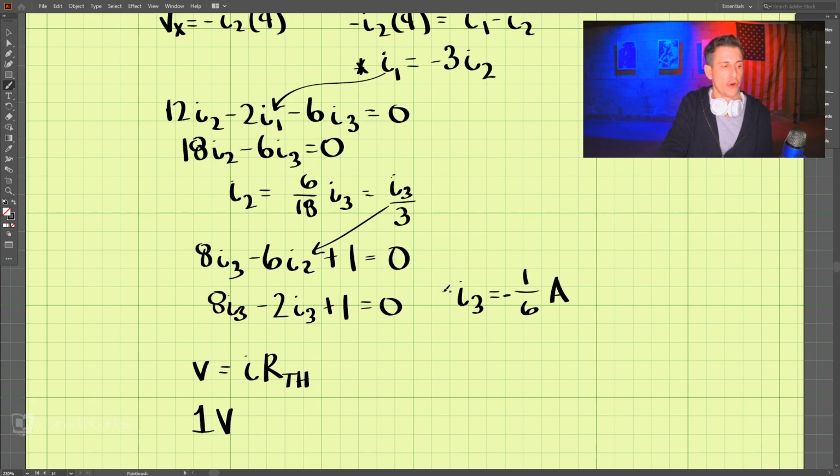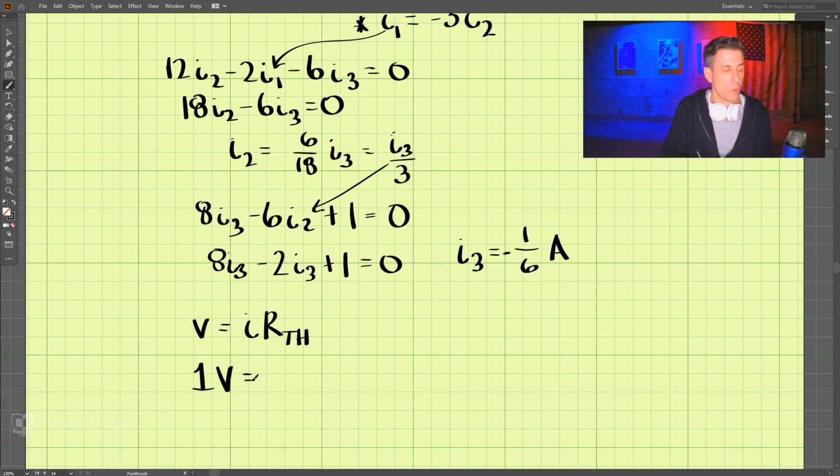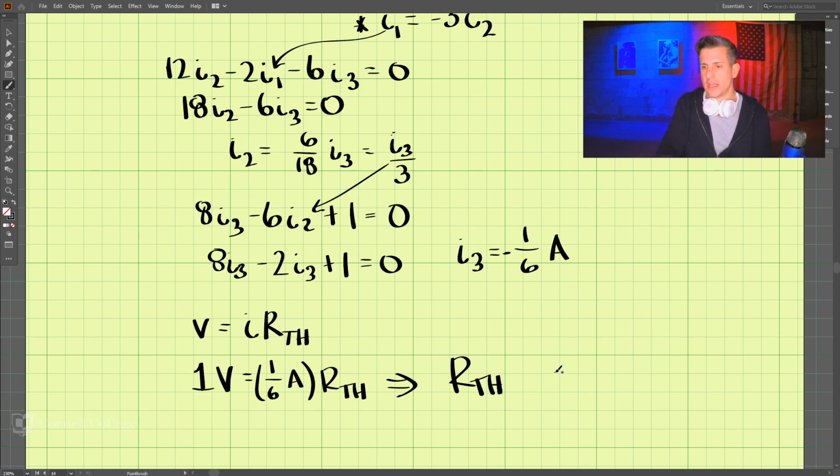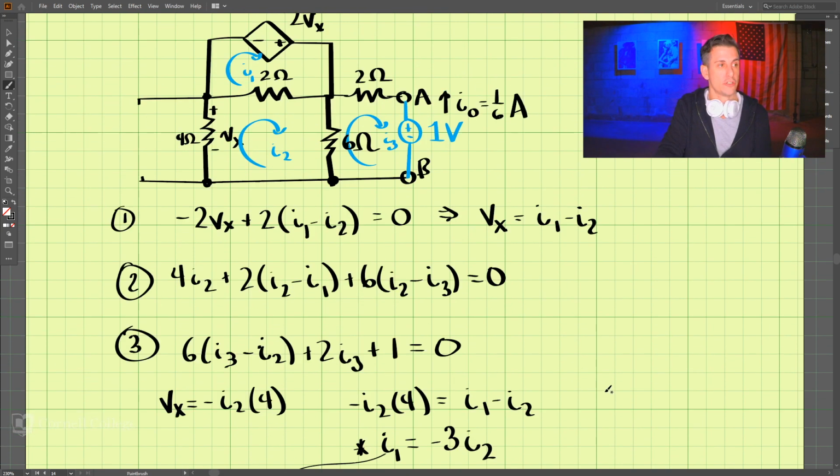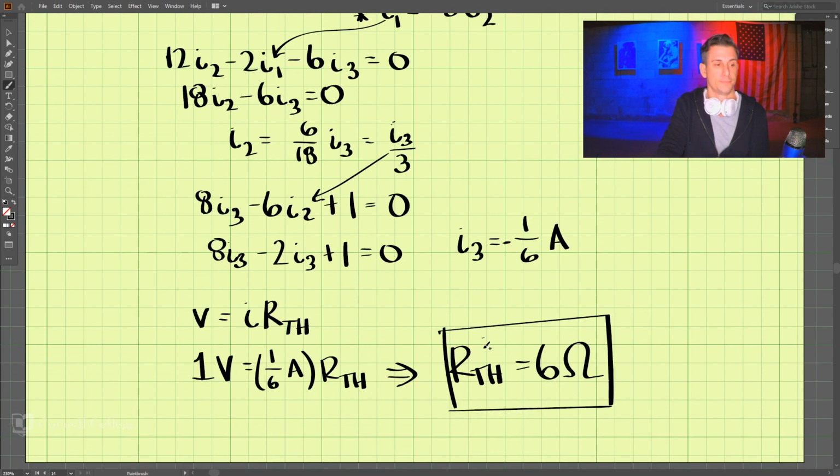And we know the current, which is 1/6 amp. And we can find the Thevenin resistance that way, which results in the Thevenin resistance being 6 ohms. So that is how we solve for the Thevenin resistance. So that is the first part of this problem.